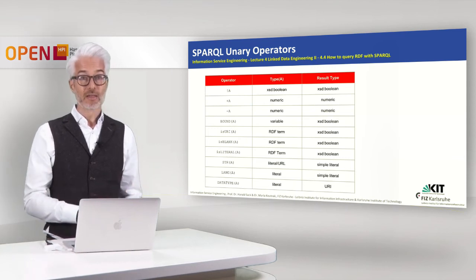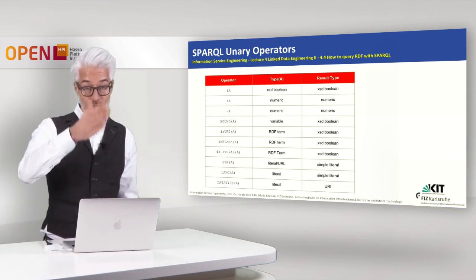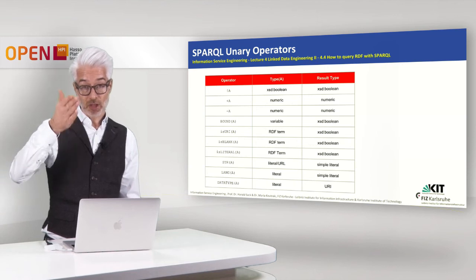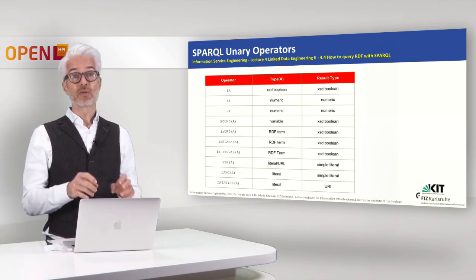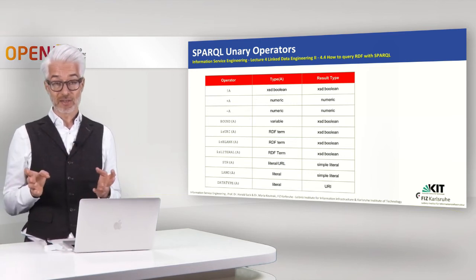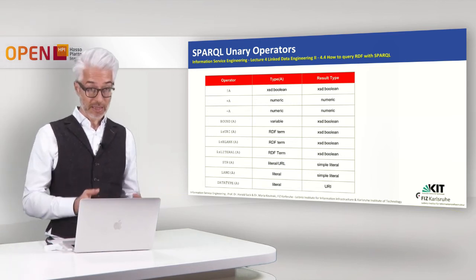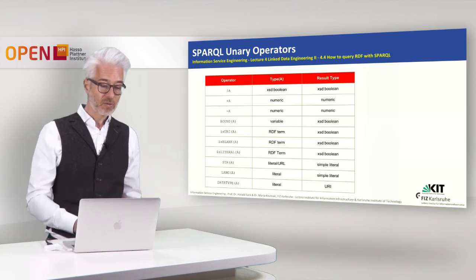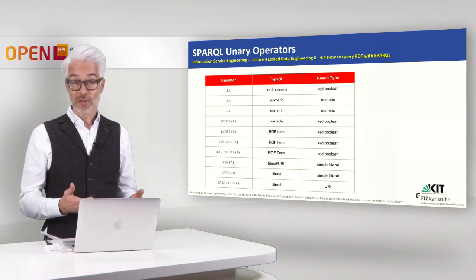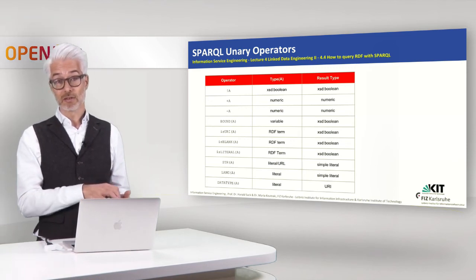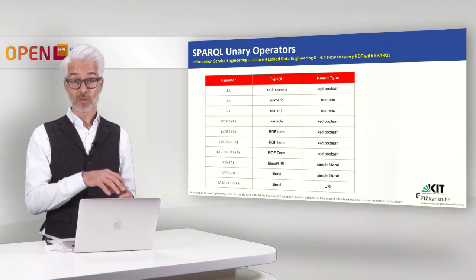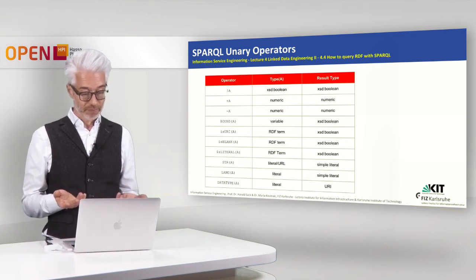This is the exclamation mark that I put in front of the variable or expression that I want complemented. Or if I'm dealing with numerical values, I can specify whether they should be positive or negative by using the unary operator plus or minus, which signifies this result should be interpreted as positive or negative. But this only works for numeric values.